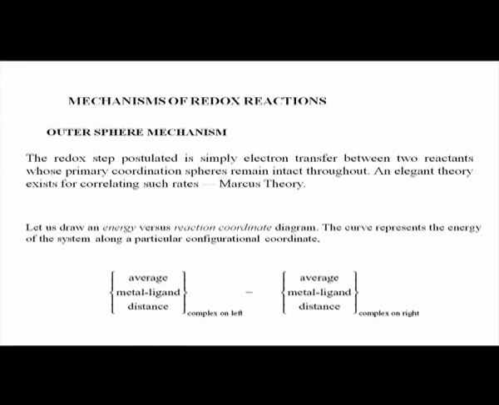Now, let us draw an energy versus reaction coordinate diagram, an energy level diagram. The curve represents the energy of the system along a particular configurational coordinate. That configurational coordinate may be the average metal ligand distance in the complex on the left hand side of your reaction scheme, and the average metal ligand distance in the complex on the right hand side.